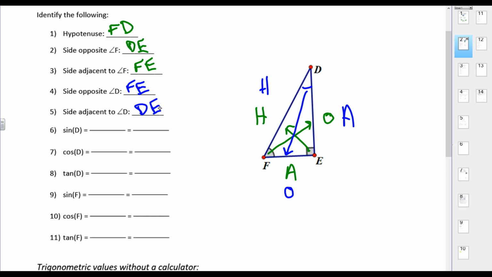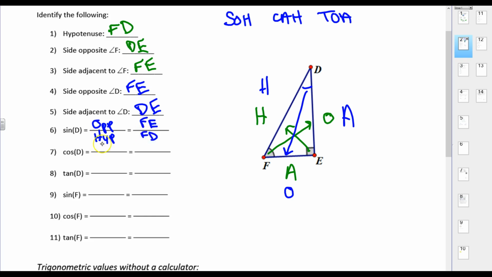So let's talk about these different relationships. Again, we're remembering our big phrase, SOHCAHTOA. Sine is opposite over hypotenuse. So the sine of angle D, I've got written in blue, my opposite side is FE over my hypotenuse, which is always FD.